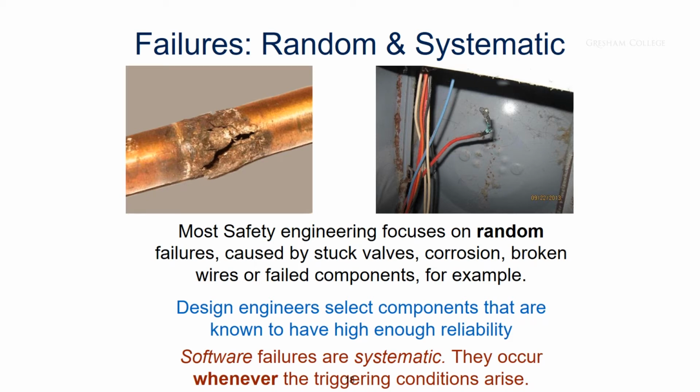And these are random failures. They occur as a result of a physical process that takes a certain amount of time or in response to a certain amount of stress. And so they're considered to be random failures.